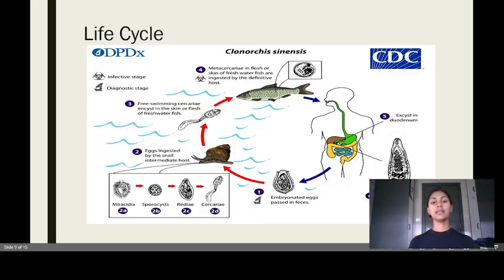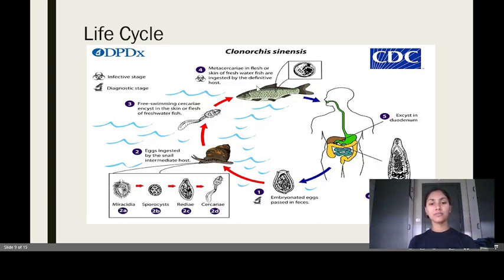Then we talk about the life cycle. First, embryonated eggs are passed into the feces. That's step one. Then two, the eggs are ingested by the snail intermediate host. Then the free-swimming larvae encyst in the skin of freshwater fish.